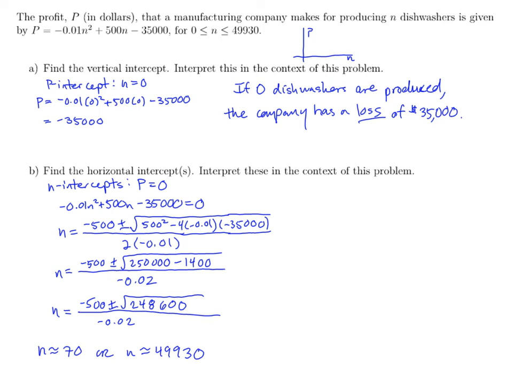So to summarize that, we can say the company has a profit of $0 when about 70 dishwashers are produced.